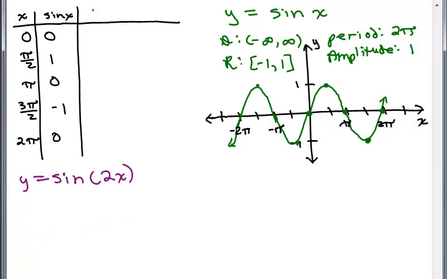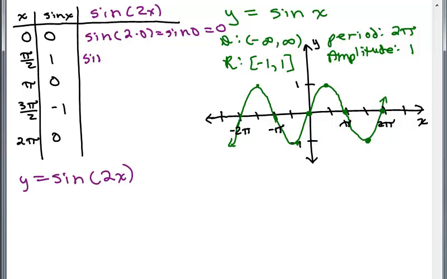Well, one thing we can do is use these values of x right here, my first column, and ask what the sine of 2x would be. Well, that would be the sine of 2 times 0, which is the sine of 0, and the sine of 0 is 0, right?